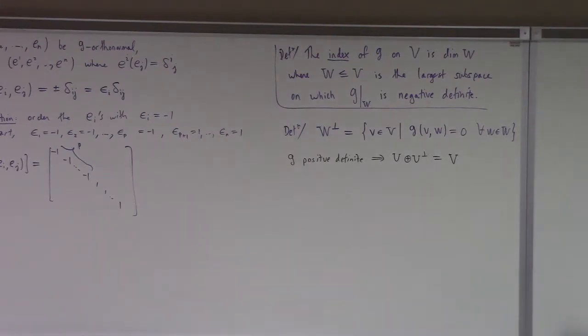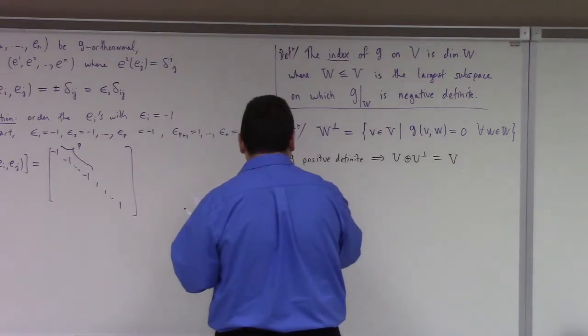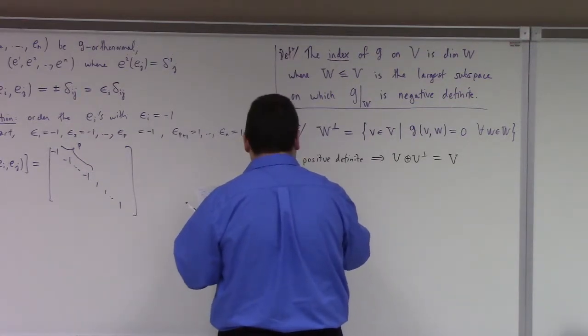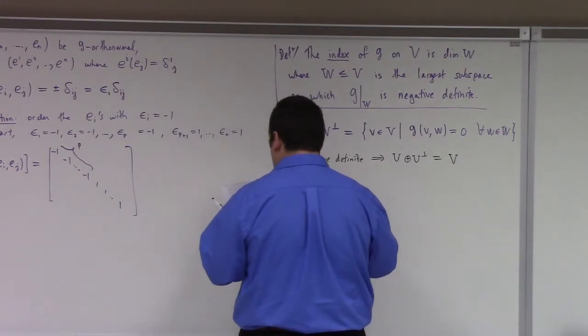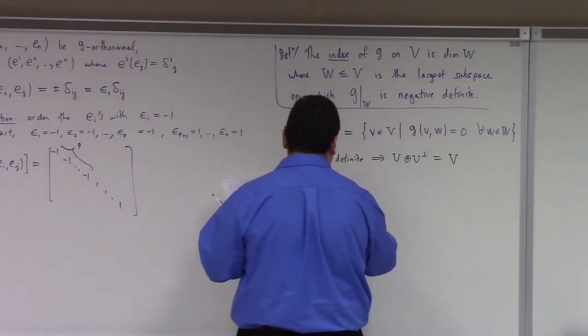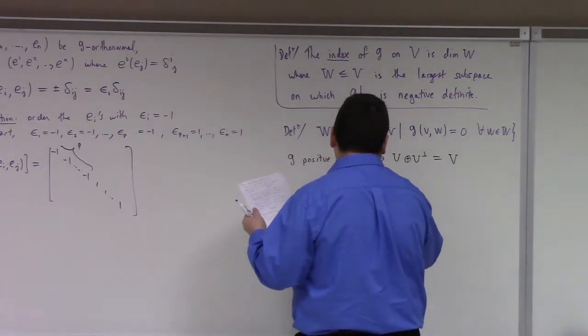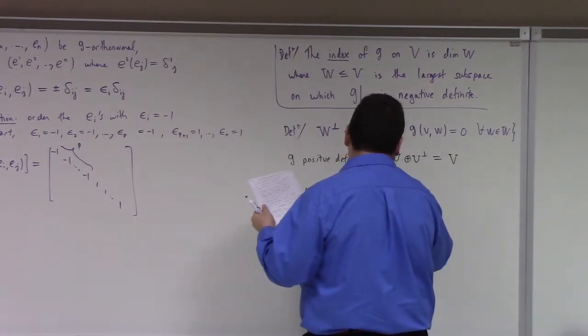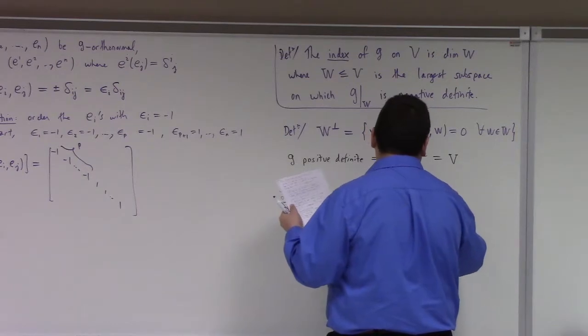There's something interesting that happens in the case that it's non-degenerate, so here's the lemma. This is from Lee's book, Jeffrey Lee's Manifolds and Differential Geometry, page 332. I think it brings a little more context and texture to what we're doing today.